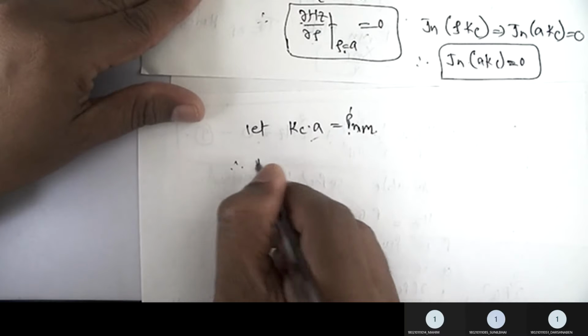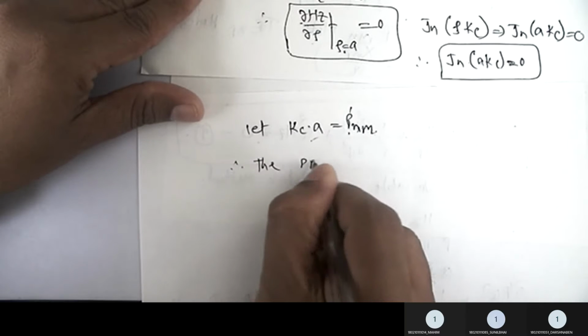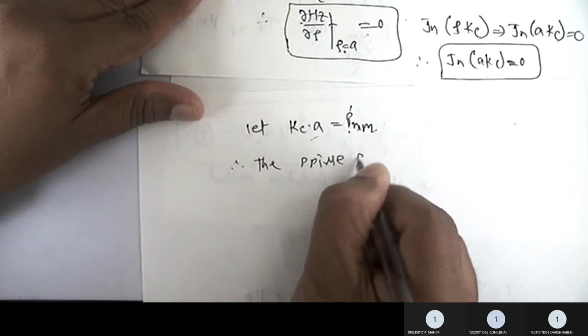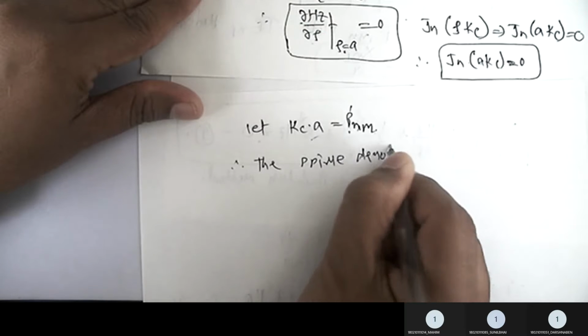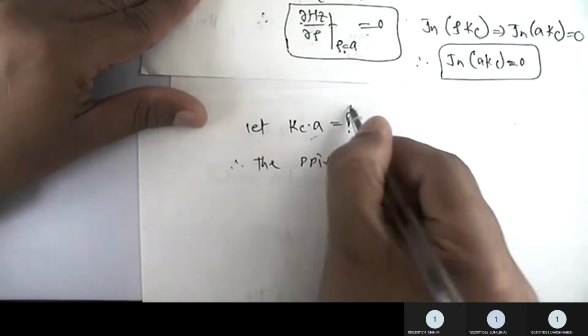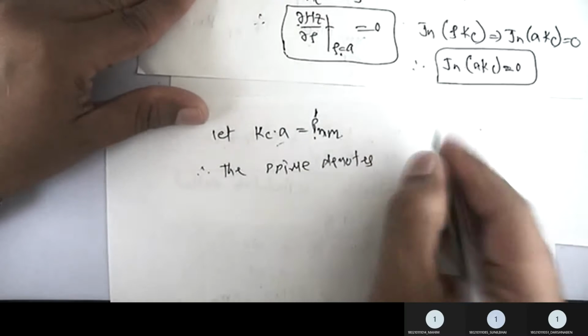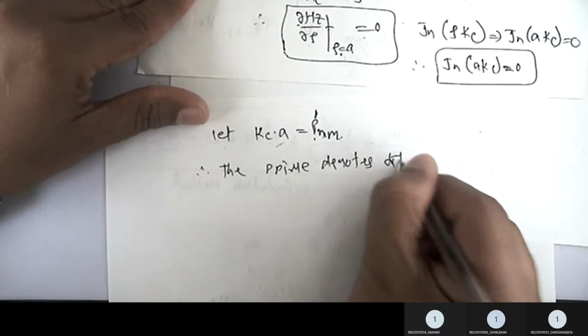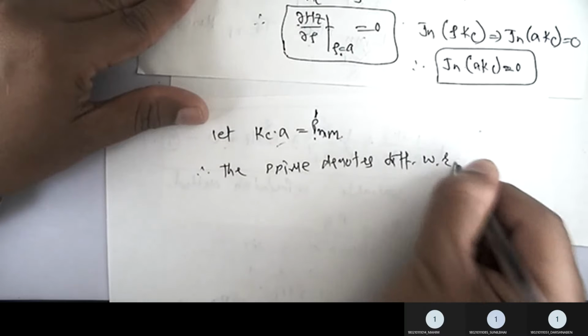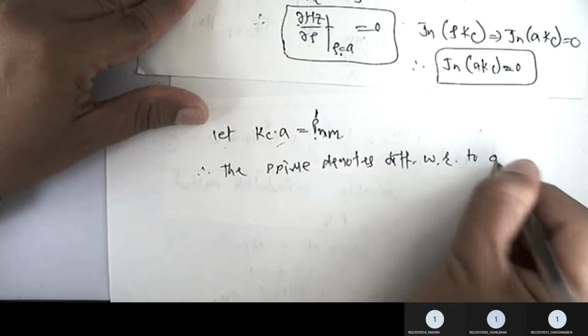So let me write here. The prime actually denotes the differentiation with respect to its argument.